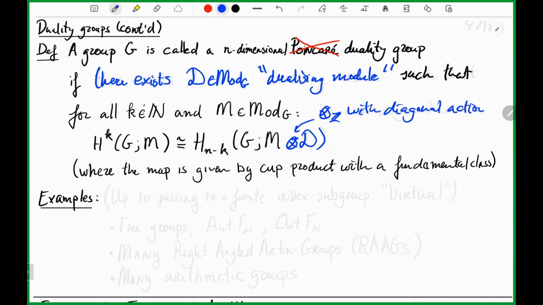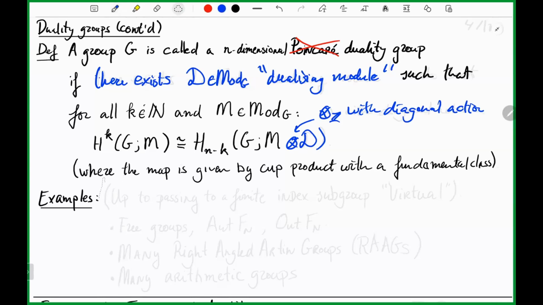So it's not the tensor product over the group ring. And so the way you think of this is that, in passing from orientable Poincaré duality group to a Poincaré duality group, we started allowing for tensoring with the sign representation. Now we just take it a step further. We just take some representation of G that we allow ourselves to twist by.